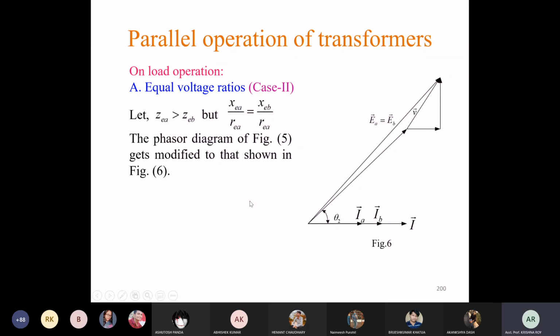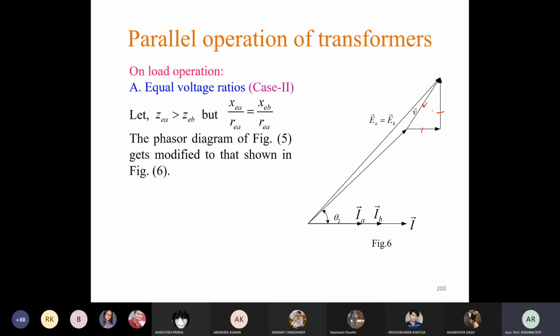So here is the phasor diagram. You can see IA and IB are in the same phase with the total current I, and this is the resistive drop, this is the reactive drop, and the total leakage impedance drop is v for both the transformers.